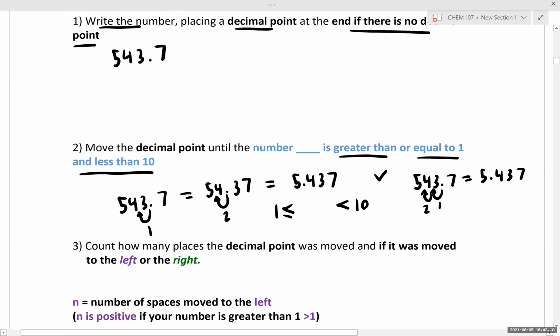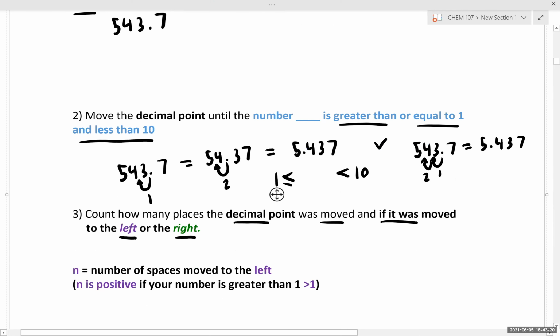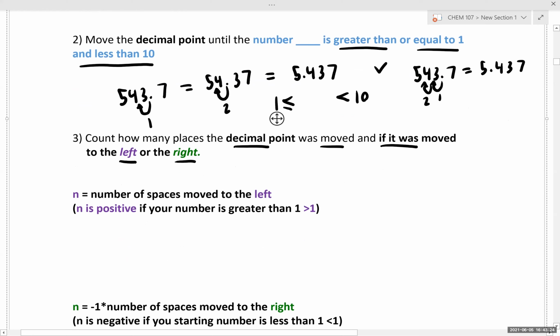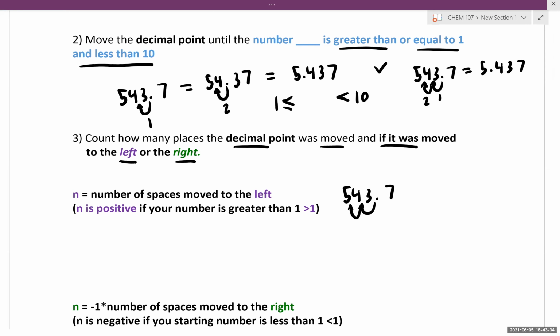So we're next going to count how many places the decimal point was moved and if it was moved to the left or right. So as we can see in this example, when we have 543.7, we moved our decimal point 2 spaces to the left.